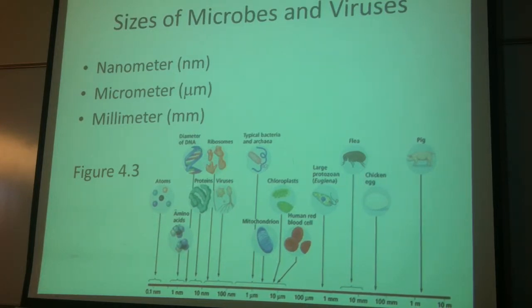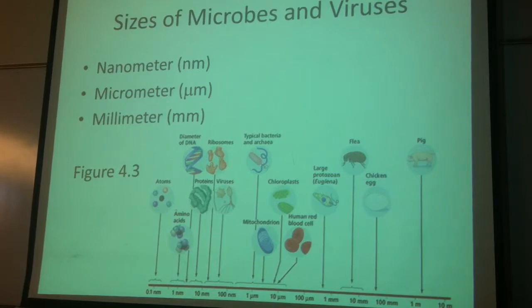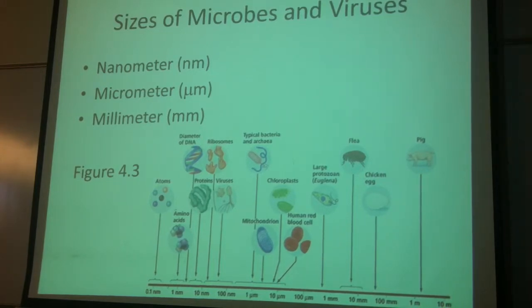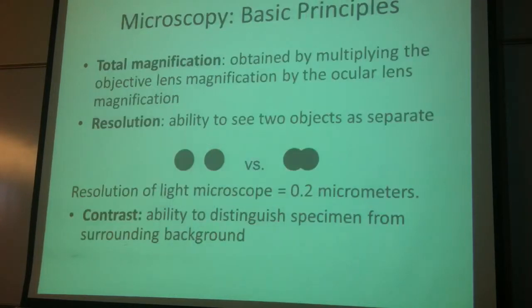Ribosomes are small, they are an organelle. Then proteins, and the diameter of DNA is small, I think 10 angstroms. Then you get your amino acids, all the way down to your atoms. So just a size progression. Really important: nm is nanometer, μm is micrometer, and you know millimeter by now.